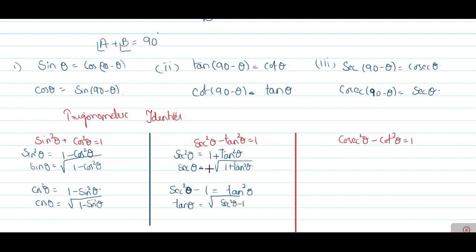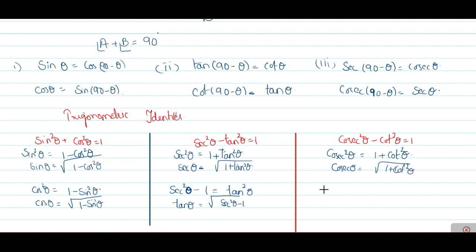So, we should be able to find the values of just secant theta or tan theta from this identity as well. The third and the last one is cosecant square theta minus cot square theta is equal to 1. Let us transpose cot square theta, so it becomes cosecant square theta is equal to 1 plus cot square theta. If we transpose the square, we get cosecant theta is equal to the square root of 1 plus cot square theta.